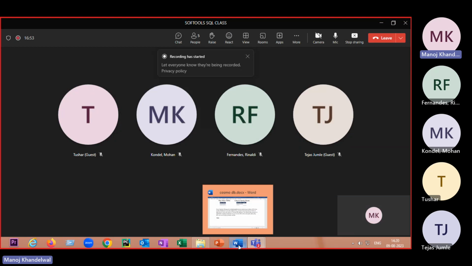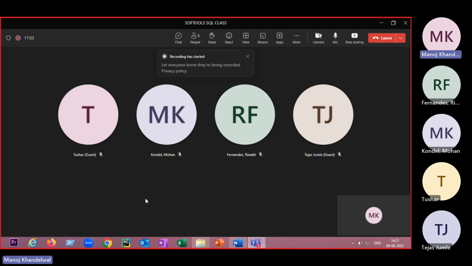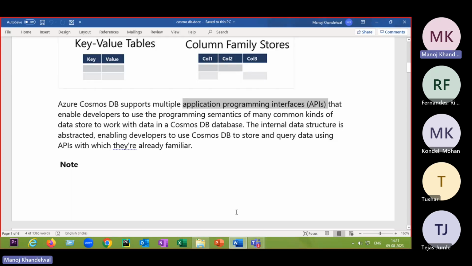So it is a paradise for the developers. Those libraries are given, and it makes things easier for the developer. So Cosmos DB supports multiple application programming interfaces.